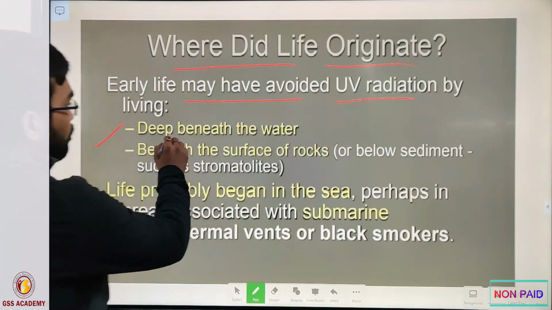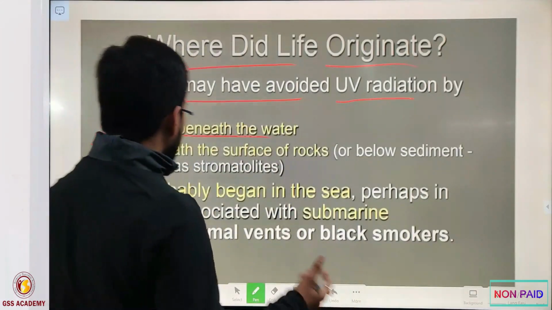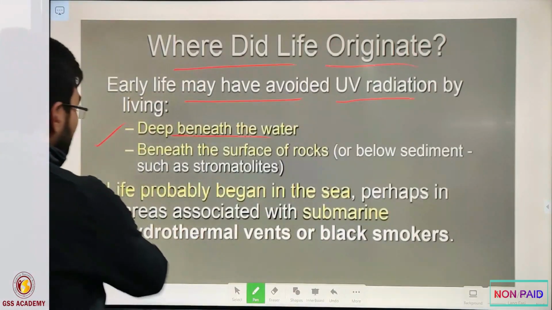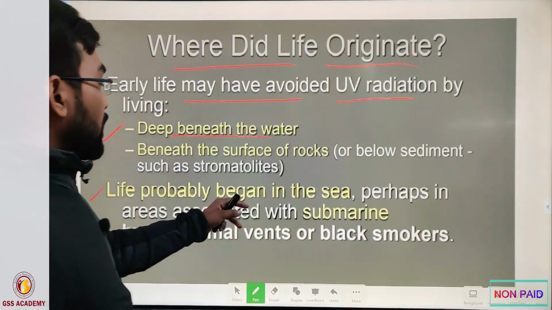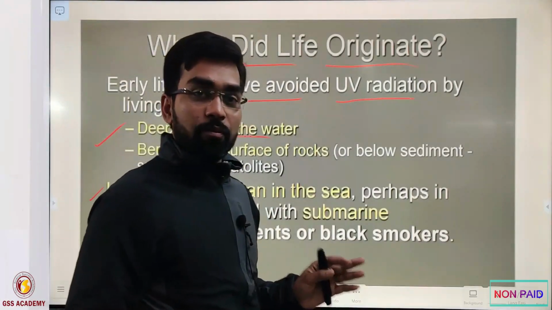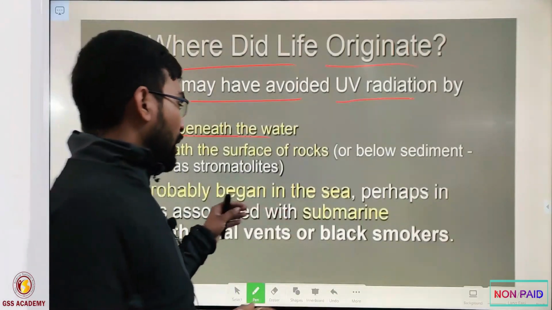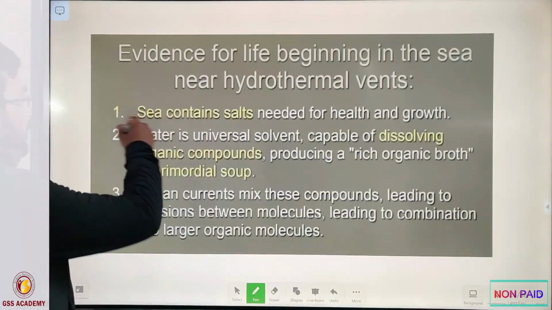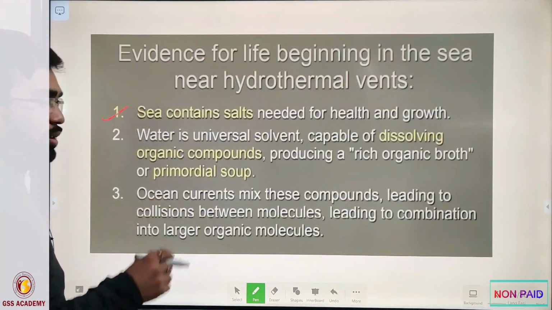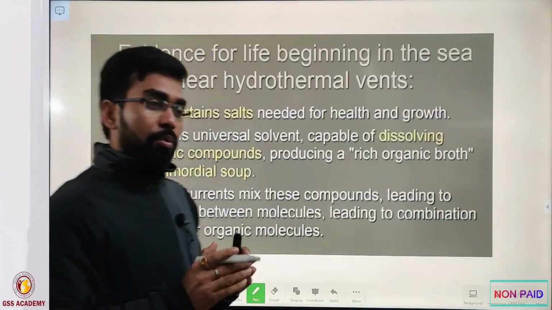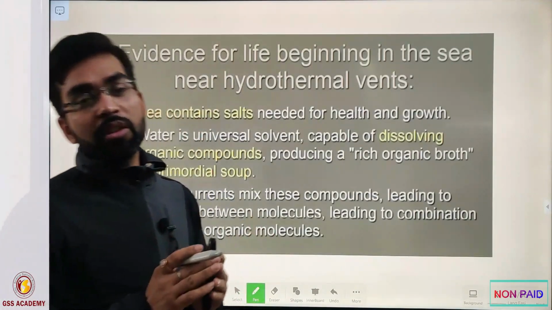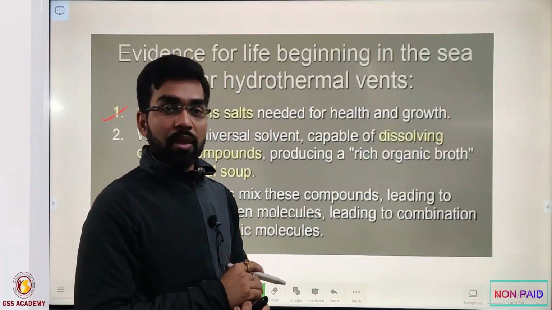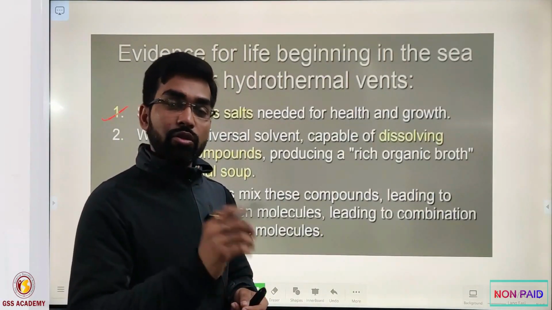So deep beneath the water there is a possibility, beneath the surface of rock there is also a possibility, and life probably began in the sea. The reason is that for life it's okay if there is no oxygen, but they need nutrition. They need nutrition to survive.